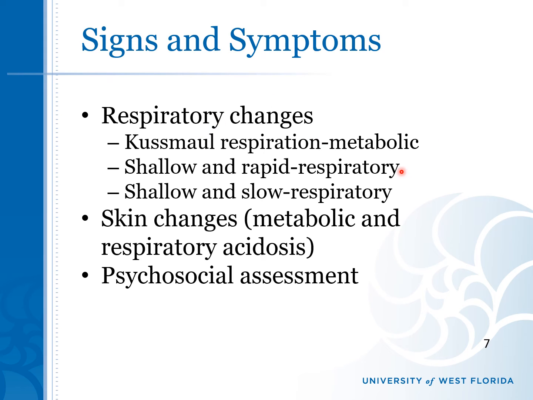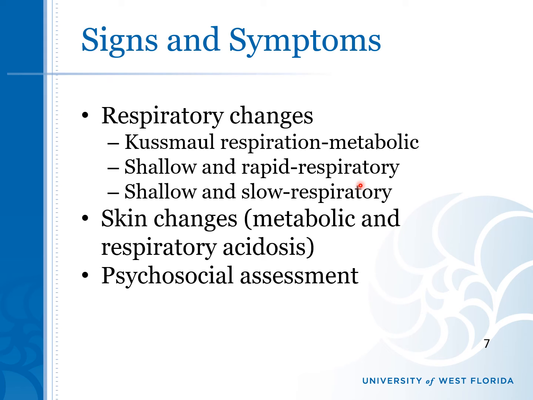What if our acidosis was because we have a lung problem? We have pneumonia, we have COPD. If those are the cases, we are probably going to see shallow and rapid respirations. They just can't get enough air in, so they're going to be shallow and rapid. Or you can have the person overdosed on pain pills.